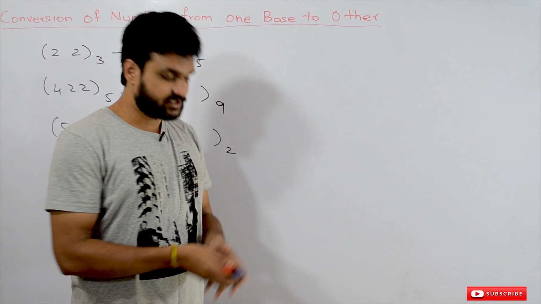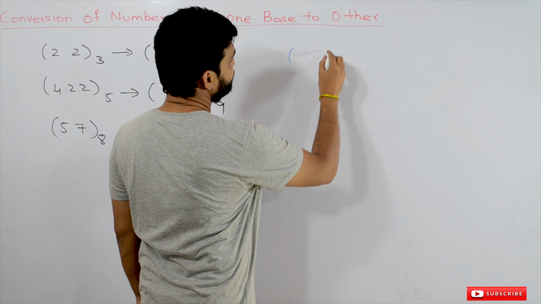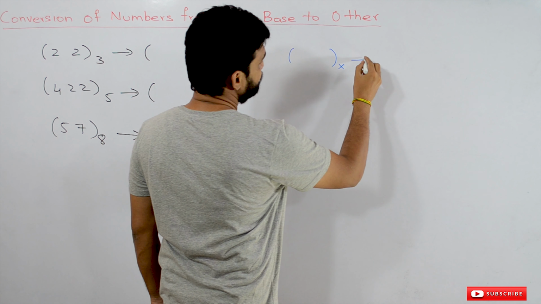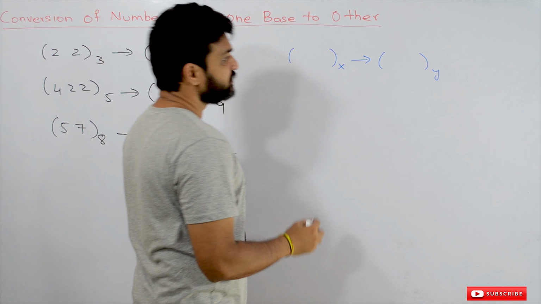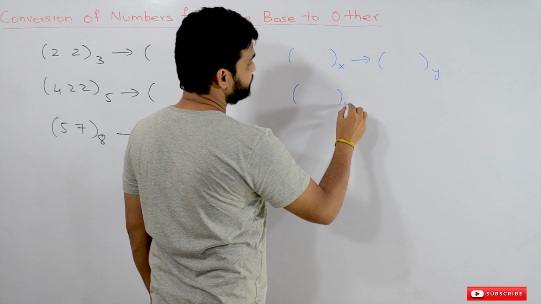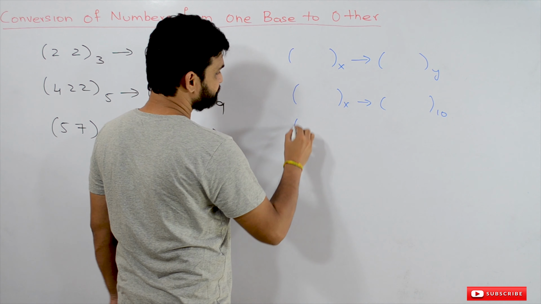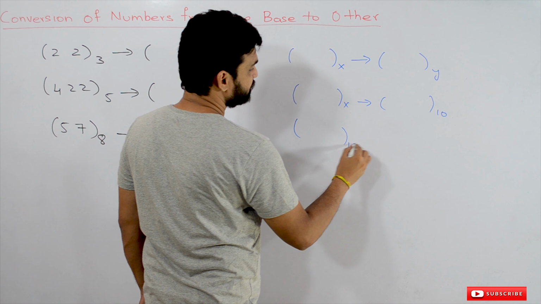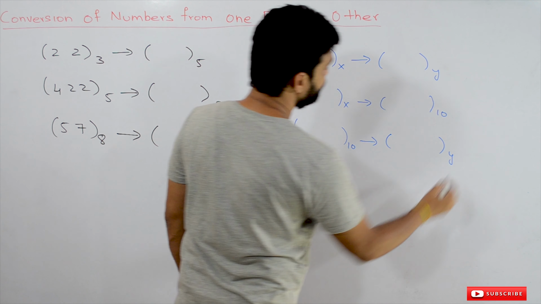As we discussed, if you are given a number in base x and want to convert it to a number in base y, we first convert the number in base x to base 10, and the number obtained in base 10 is then converted into base y.